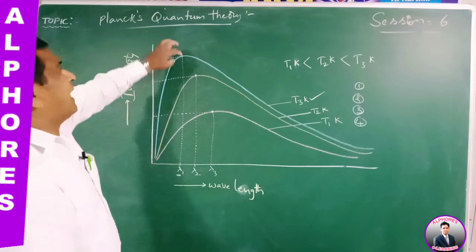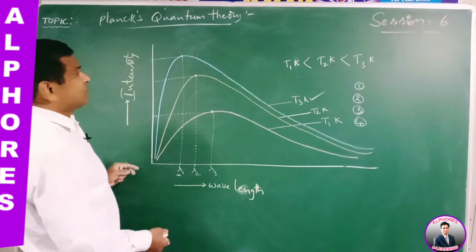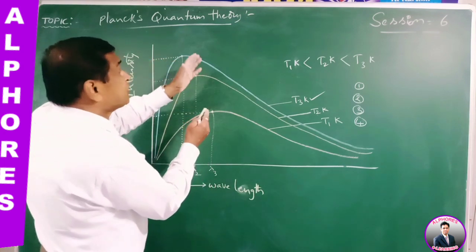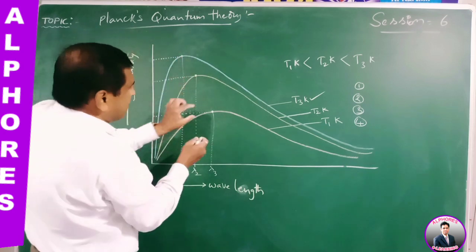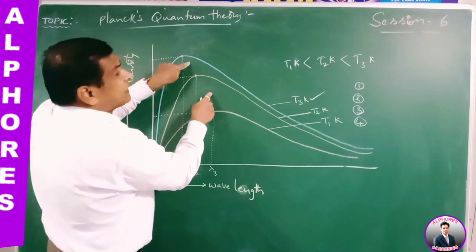Last, at higher temperature, that is at T3 kelvins, the height of the curve increases and shifts towards the left hand side. So for T1, T2 is the higher temperature, for T2, T3 is the higher temperature.